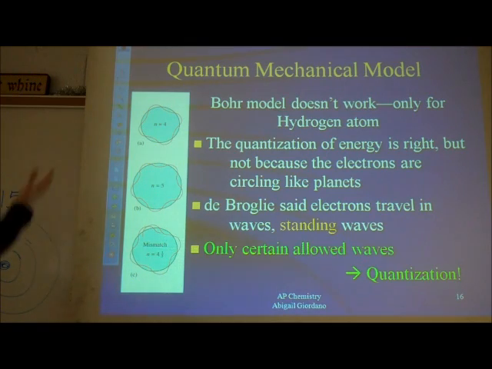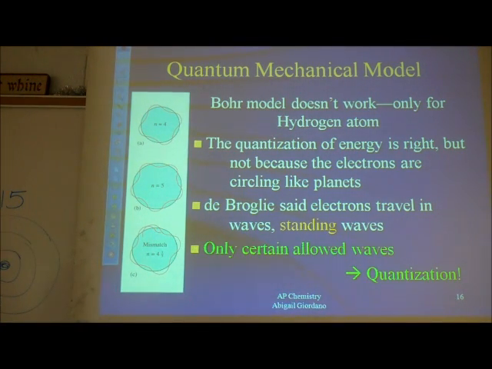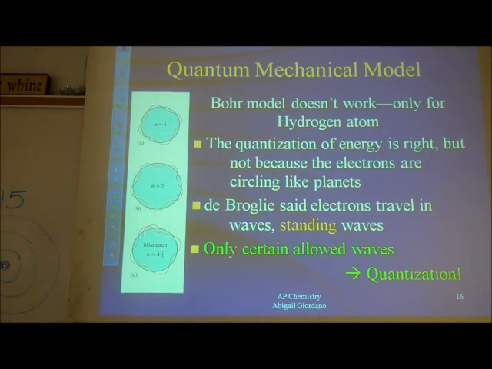The word quantum or quantization means whole numbers, integers. Set amounts of waves. And that's the gist. If you want to know more, go talk to the physics people. But the thing is, electrons travel in waves and they complete whole numbers of waves.